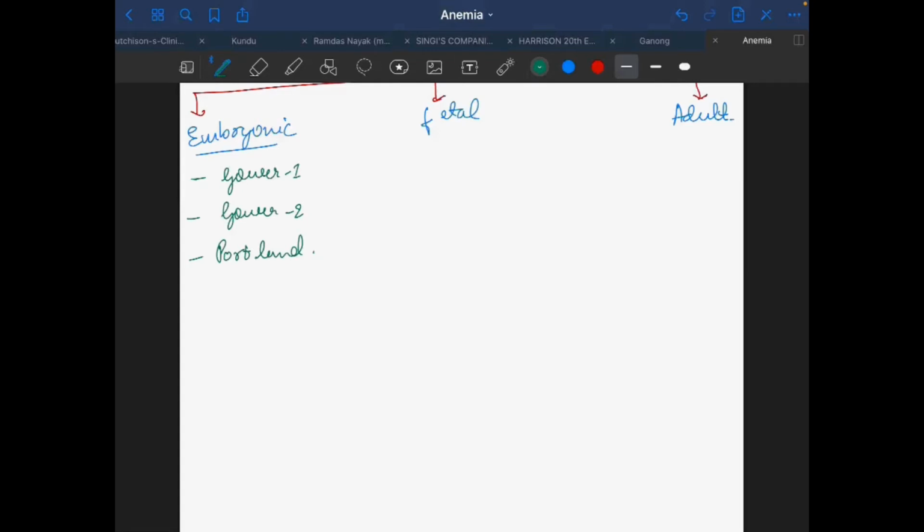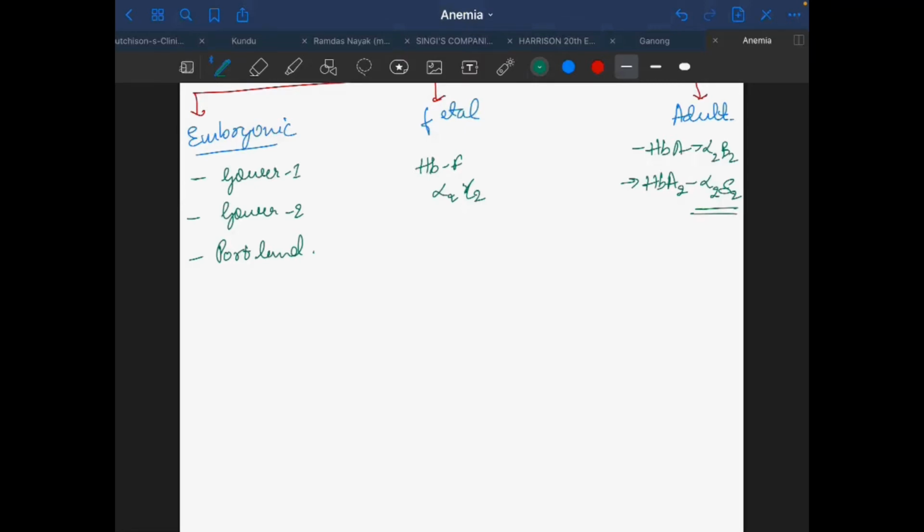Fetal hemoglobin, that is HbF, is alpha 2 gamma 2. Adult hemoglobin, that is HbA, is alpha 2 beta 2, and there is also adult hemoglobin 2, HbA2, which is alpha 2 delta 2. These are the different types of hemoglobins present.